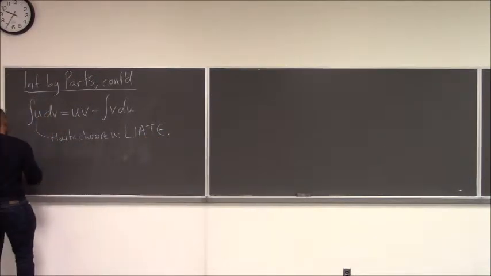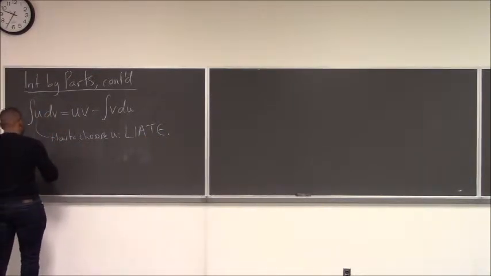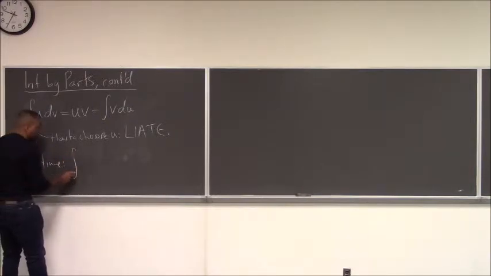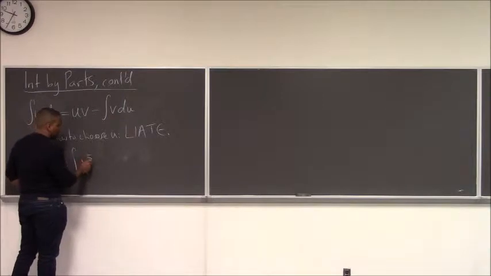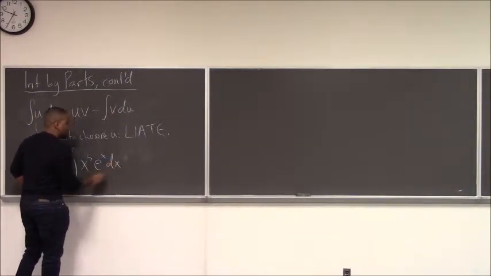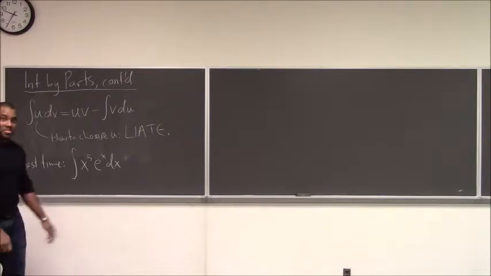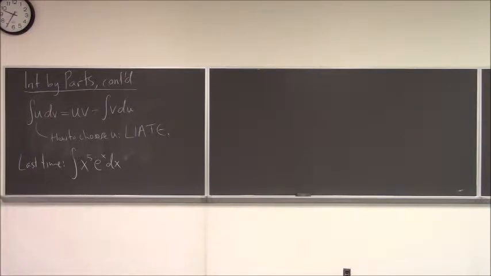So last time we ended with an integral that I told you guys to consider for today's lecture, x to the fifth e to the x. Did anyone actually try to do that? I was thinking about it, but I literally just couldn't figure it out.